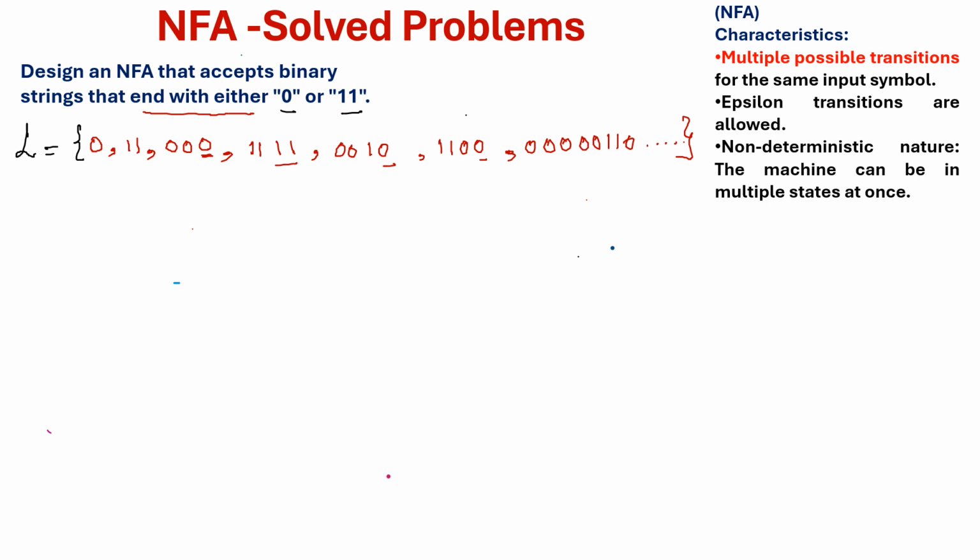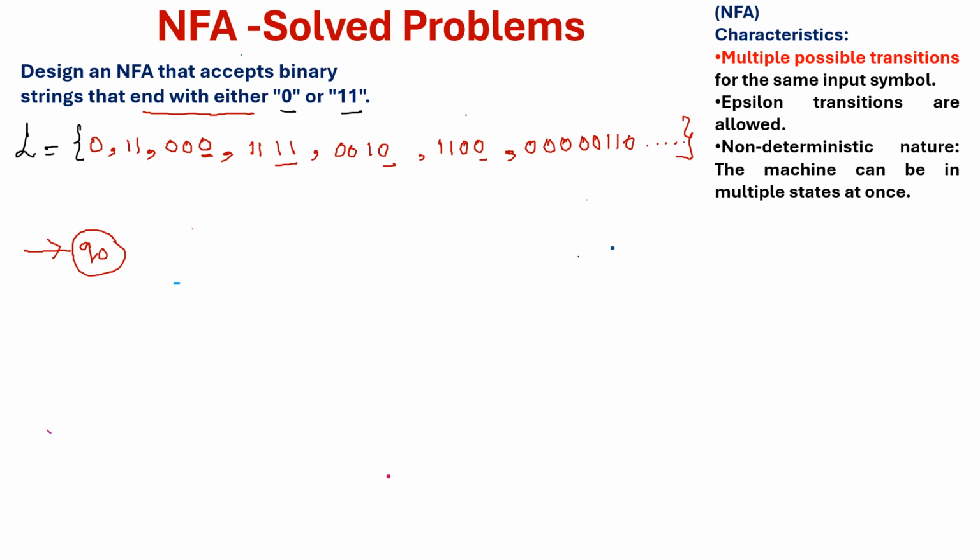So like that, first we derive the language from the given problem. And next step, we are going to draw the NFA starting with the initial state Q0. Here initially we have either only 10 and 11.